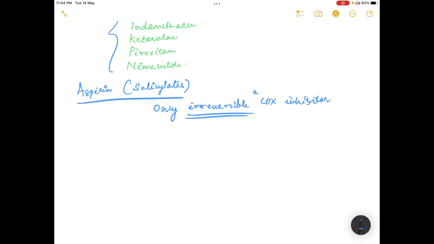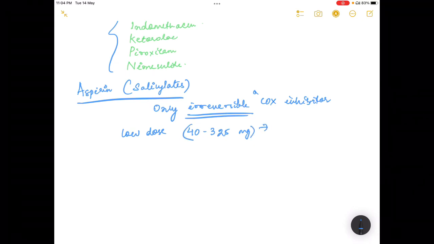So apart from the antipyretic, analgesic, and anti-inflammatory effect, aspirin has got several other indications. For example, in the low dose, that is in the dose of 40 to 325 milligram, aspirin has got antiplatelet activity.